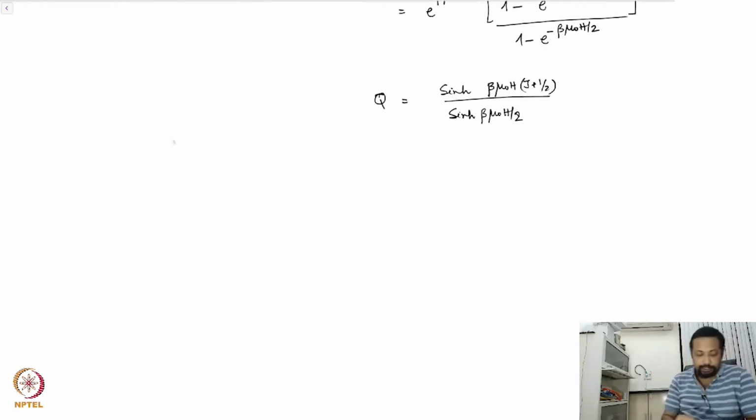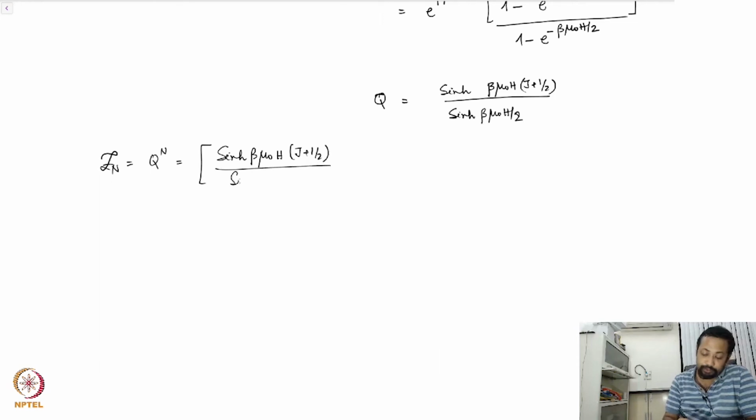Once you have the single particle partition function, the n particle partition function is given by q to the power n, which becomes sine hyperbolic of beta mu naught h (j plus half) divided by sine hyperbolic of beta mu naught h by 2, raised to the power n.